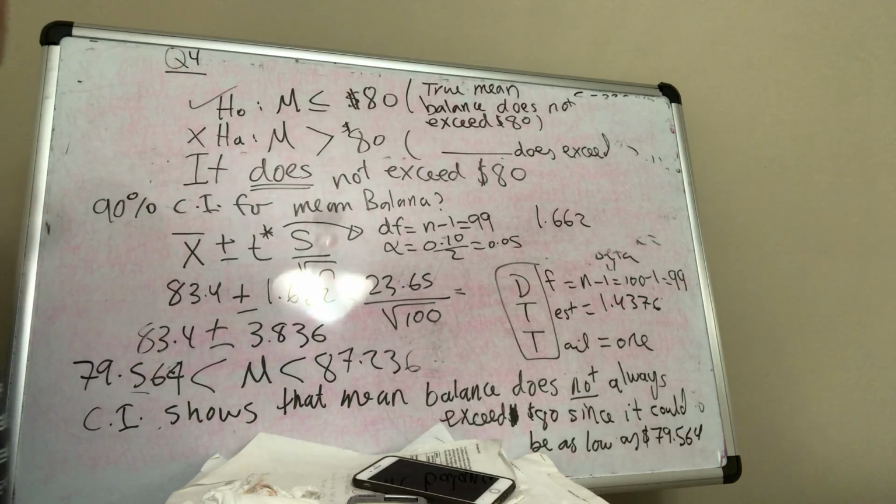So it doesn't necessarily exceed because it can be as low as 79.564.